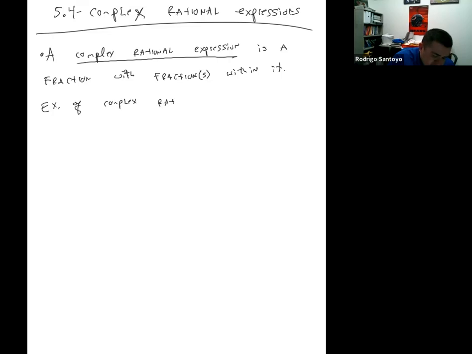complex rational expressions could be something like 1 plus 5 over x, that's over 4x.